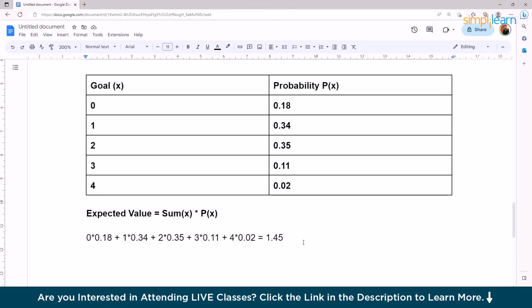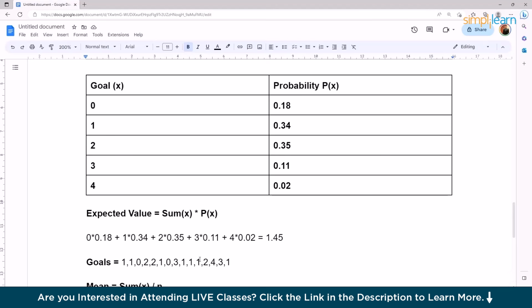And then if you talk about calculating the mean, we typically calculate the mean after we have actually collected raw data. For example, suppose we record the number of goals that a soccer team scores in 15 different games. Now, to calculate the mean number of goals scored per game, we can use the following formula, where sum of x is the sum of all the goals divided by n, the number of records, or we can say the sample size.